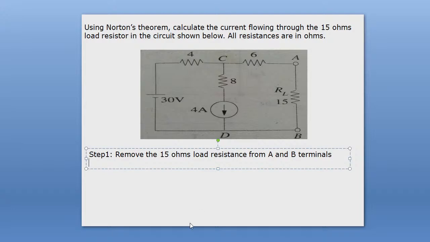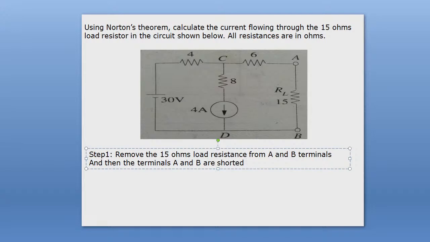Okay, then you use a short path. That means you short the terminals A and B. A and B are shorted.